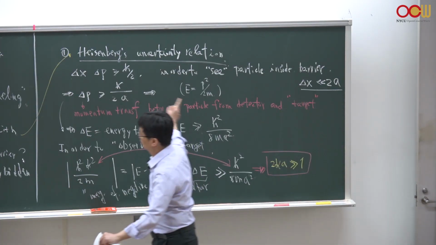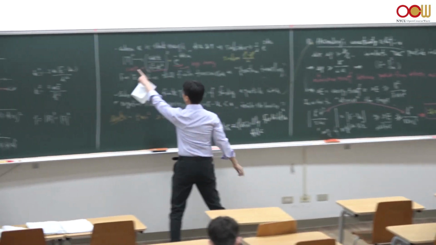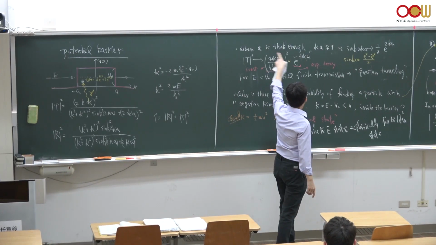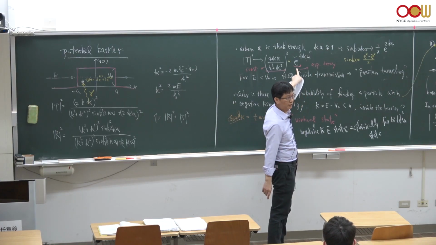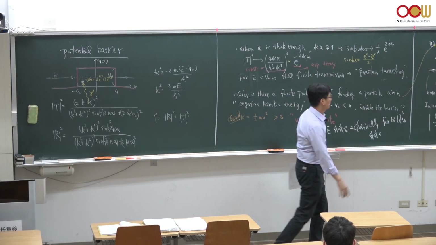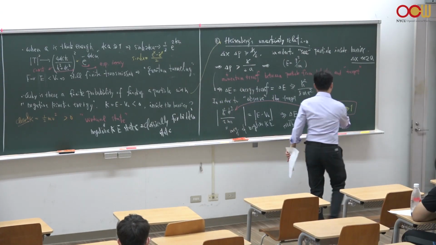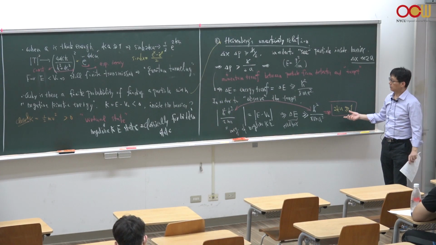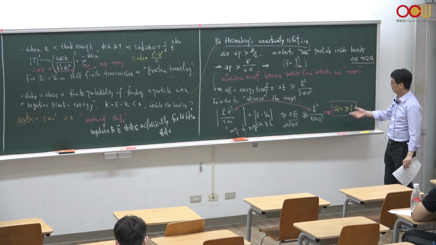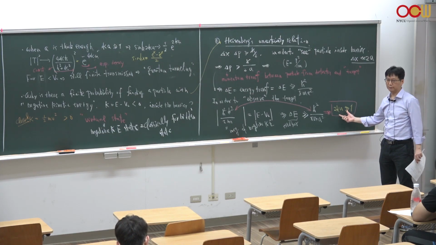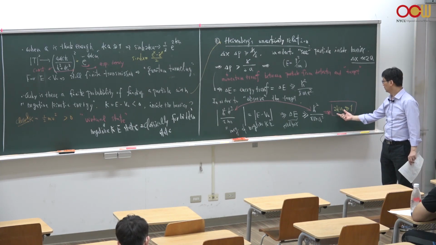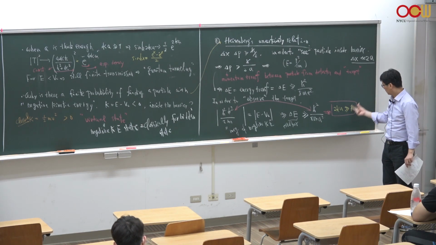If you look at this approximation, when this barrier is thick enough, this kappa times A is much larger than 1, so you get exponential decay, right? But this is precisely the price to pay if we really want to localize the particle inside the barrier and want to observe that particle. So effectively, we need to be in that region where 2 times kappa times A is much larger than 1.